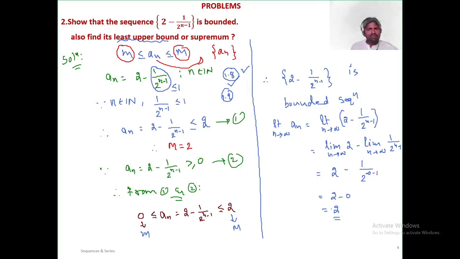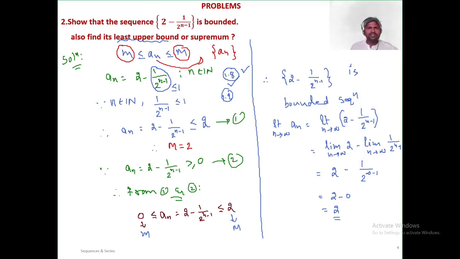Before that, if a sequence is an increasing sequence which is bounded above, look at theorem number 5 which was discussed in the last class. Clearly it is bounded above, because an upper bound exists, which is 2.